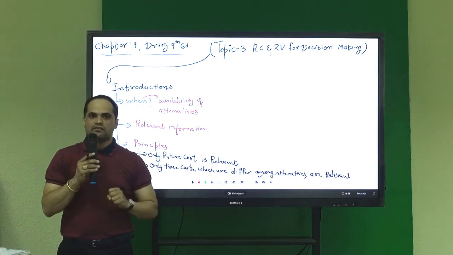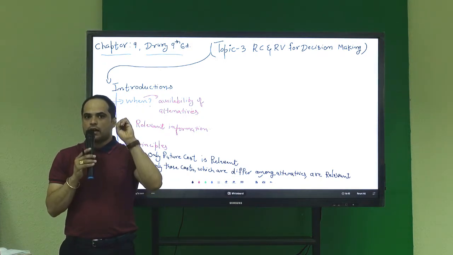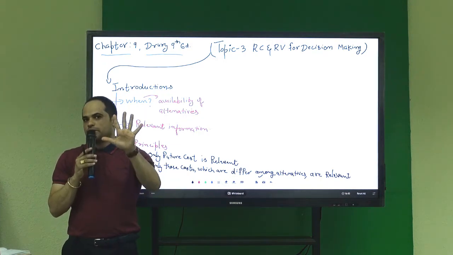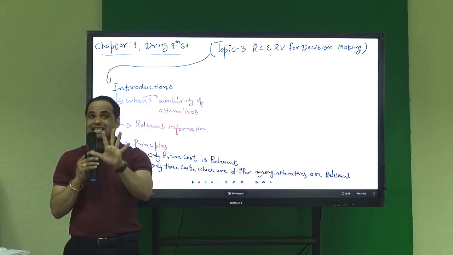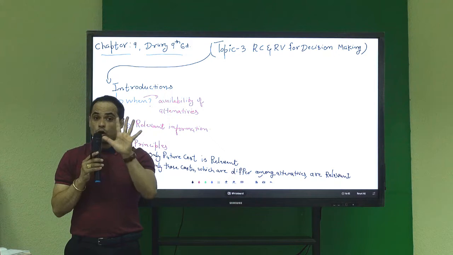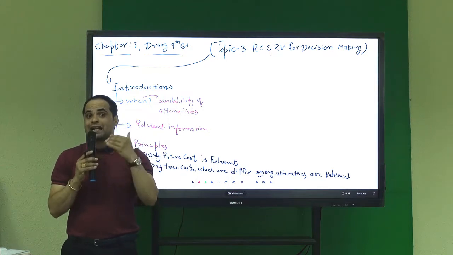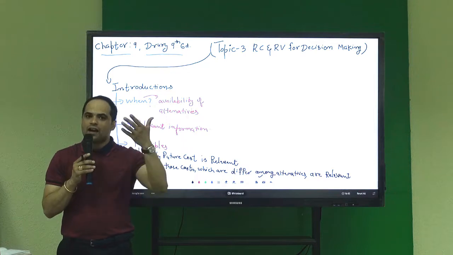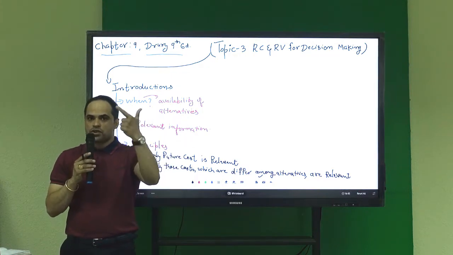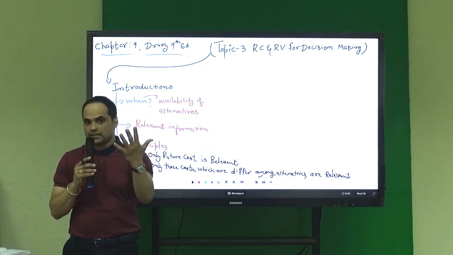What does it mean? It means, for example, let's say we have 5 options, and the cost of these 5 options is different. When the cost of these 5 options are different, that information is relevant. Why? Because we have to think, should we choose this option, this, or this.